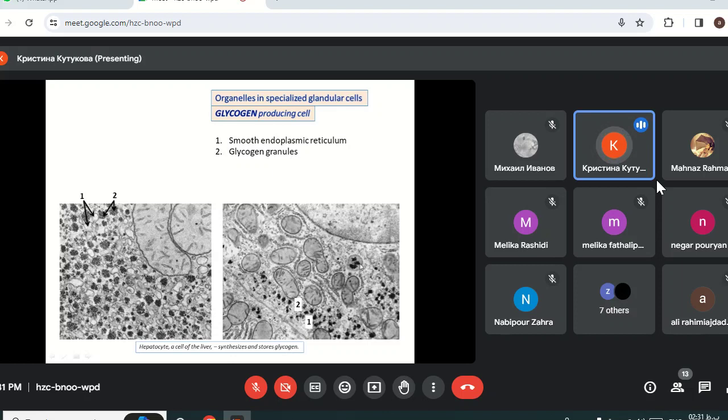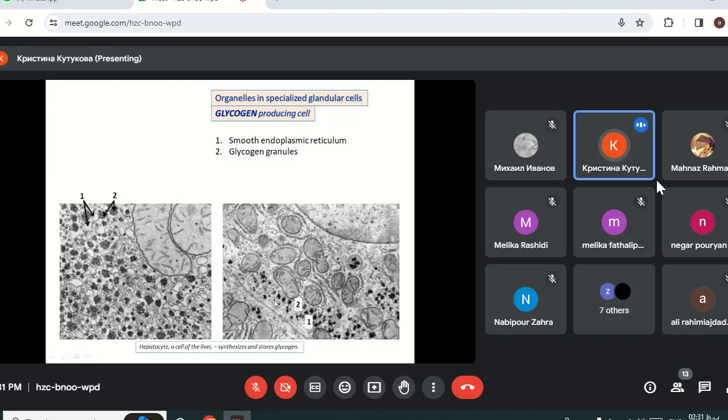So here is such cell, and in the left picture also. Here in the right picture you can see in the upper part a portion of the cell nucleus and the portion of its cytoplasm, inside which we see some mitochondria, rough endoplasmic reticulum, and these darker inclusions, dark black inclusions, they are glycogen granules.